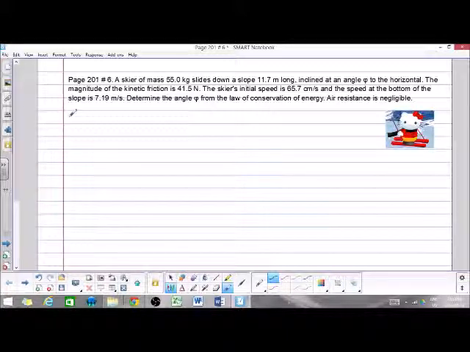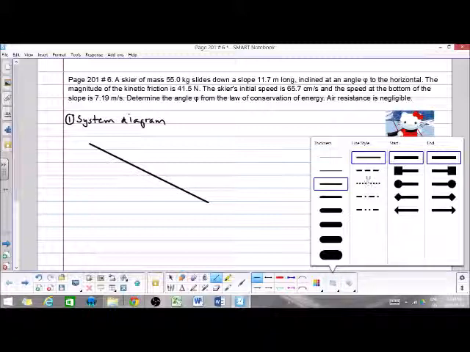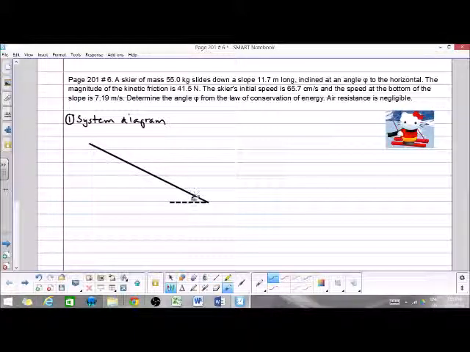As always, we're going to start off with a really good diagram. So let's draw this slope. Ultimately, this angle phi is what we're going to solve for.